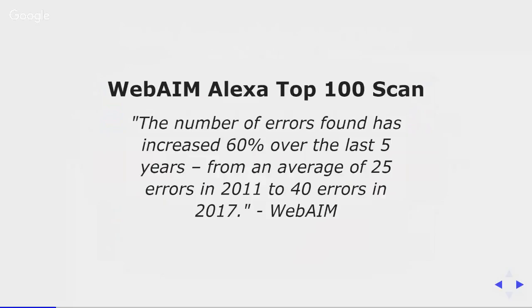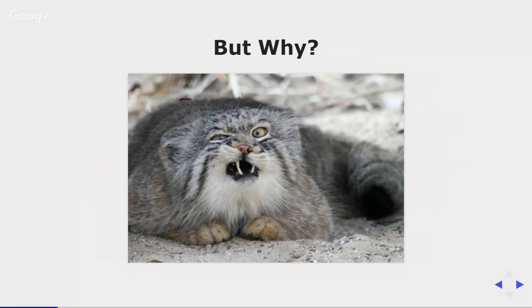And one of the reasons that they give for this increase is possibly the use of JavaScript tooling, libraries, frameworks like React. But why should this matter for accessibility? On screen, we've got this cat looking very, very confused, as I'm sure that some of you may be. Let's dive a little bit deeper to try and see where these ideas come from and where the actual errors come from.